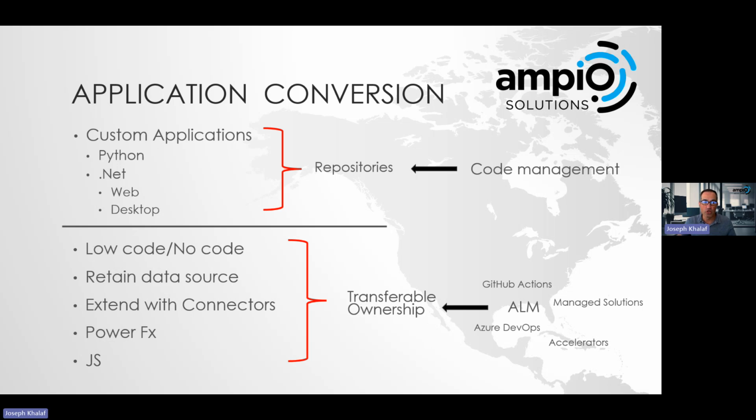Meaning, if there are certain actions or events you want that the Power Platform cannot do out of the box, you still can leverage JavaScript within that application to augment it and allow it to do certain things that it cannot do. So extensibility is definitely becoming more and more prevalent within the platform, so that the potential of you not being able to do something is becoming less and less.